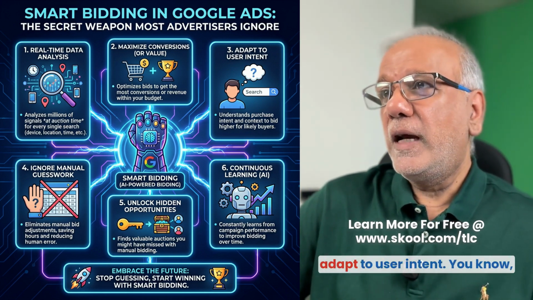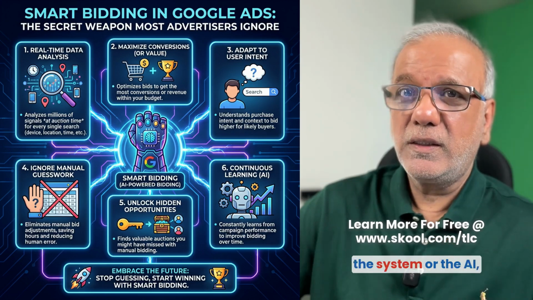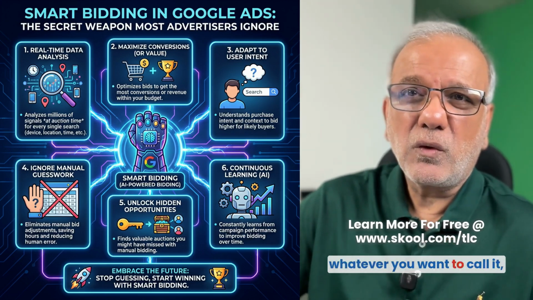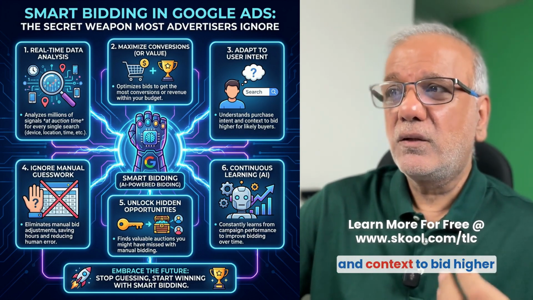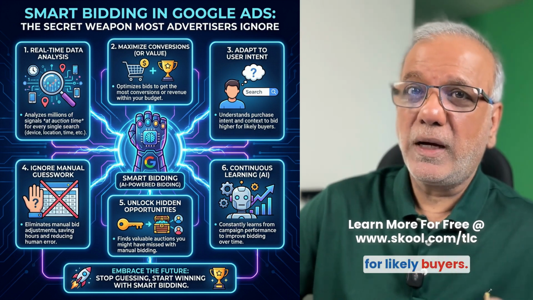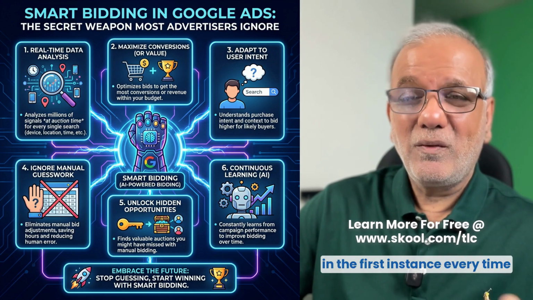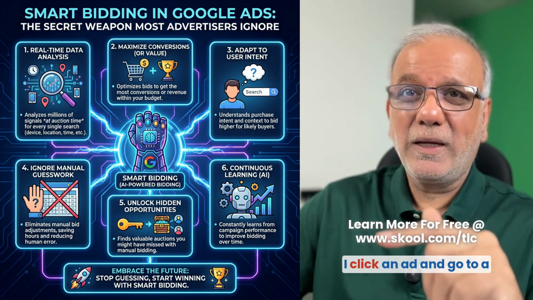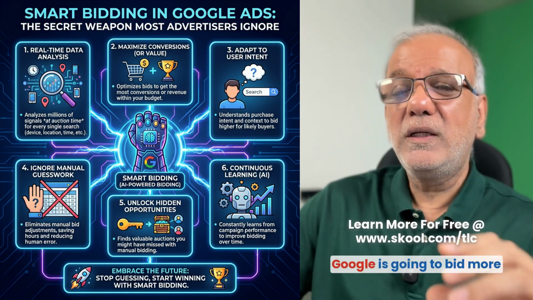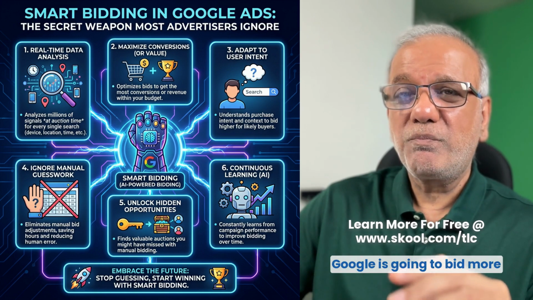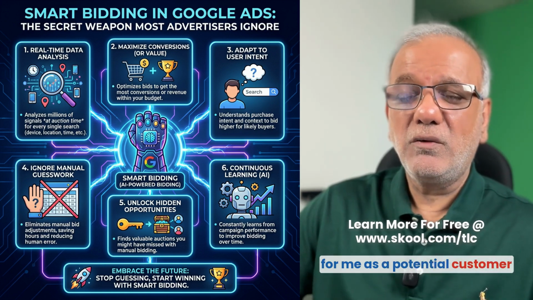And the third thing is to adapt to user intent. The system, or the AI, whatever you want to call it, understands purchase intent and context to bid higher for likely buyers. So as I said earlier on, if I convert in the first instance, every time I click an ad, go to a certain website and make a purchase, Google is going to bid more for me as a potential customer to your website.